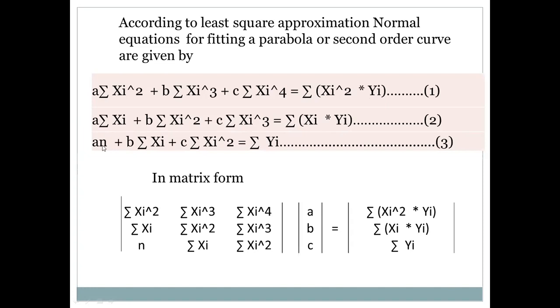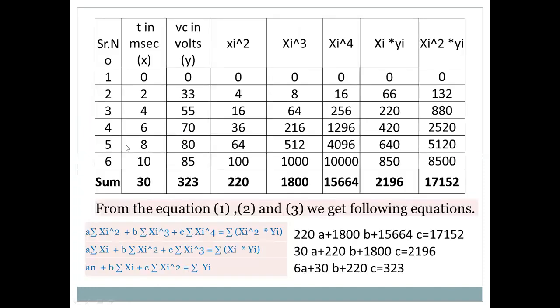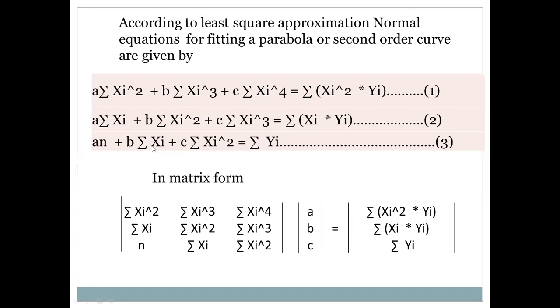Third equation, a into n plus b sum of xi plus c sum of xi square equal to sum of yi. So these three equations are called the normal equations for fitting a second order curve by using least square approximations. These three equations can be written in the matrix form as follows.